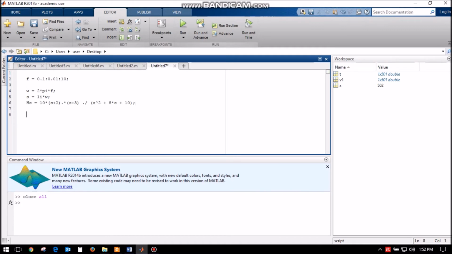All right, so that is the transfer function. What is the x-axis? That is the angular frequency.